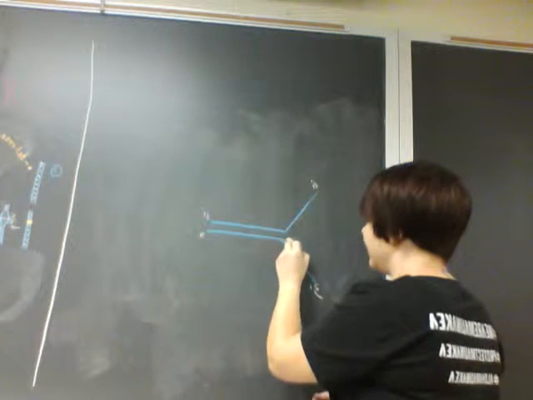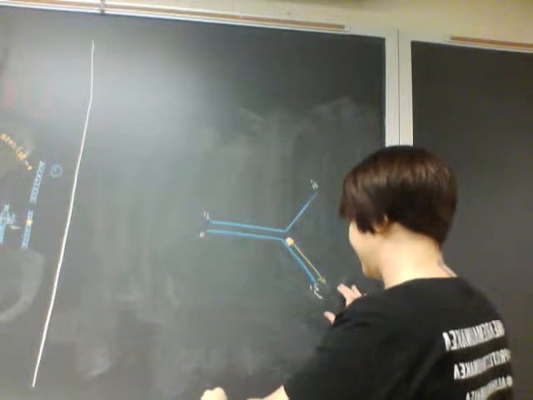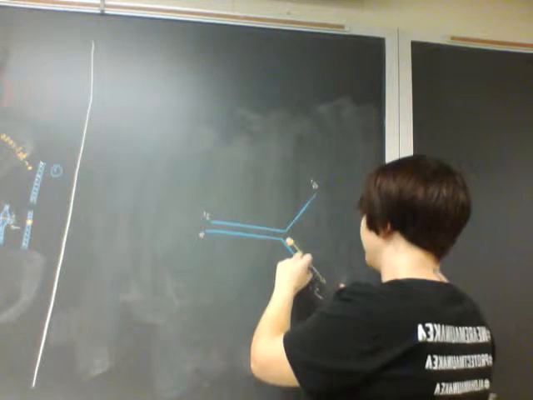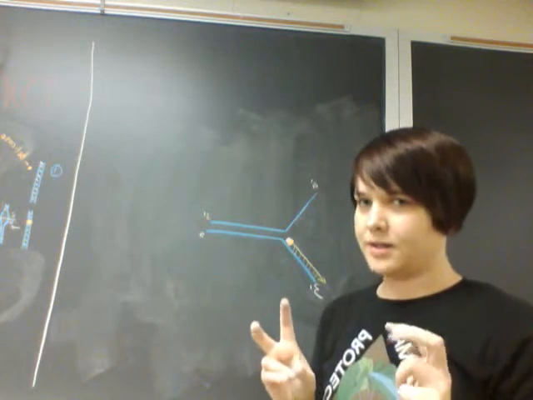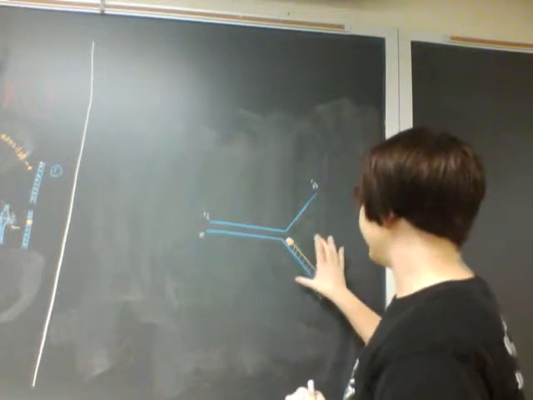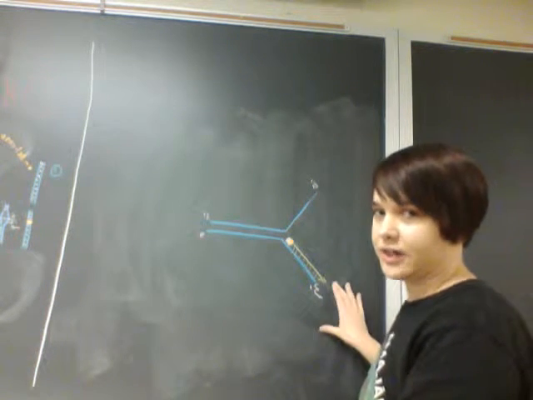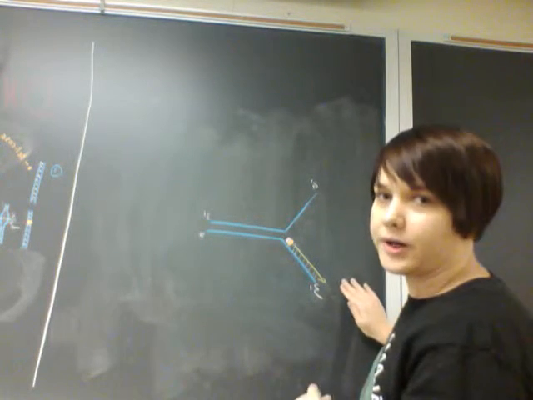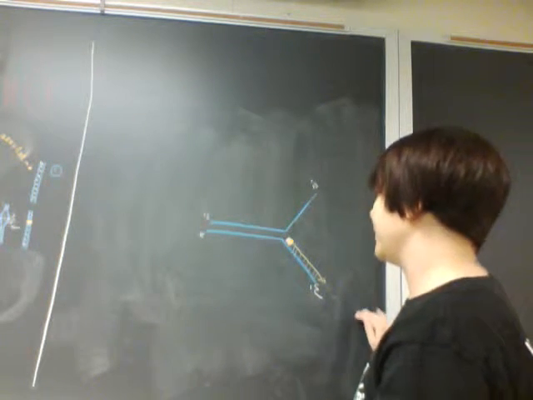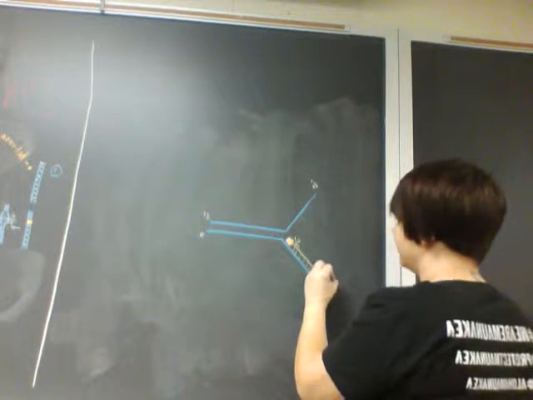So he will go all the way down this strand and add nucleotides. So we have a new DNA strand. This end right here is called your leading strand because it just keeps on going. You don't have to worry about any kind of stopping point because it's going from 5' to 3'.